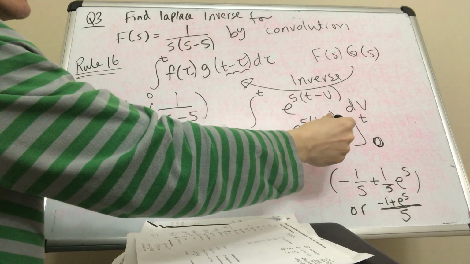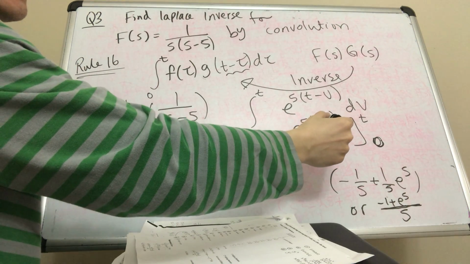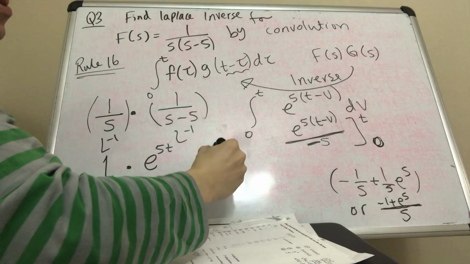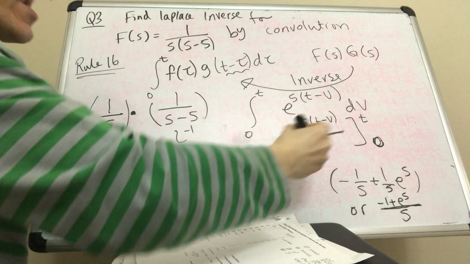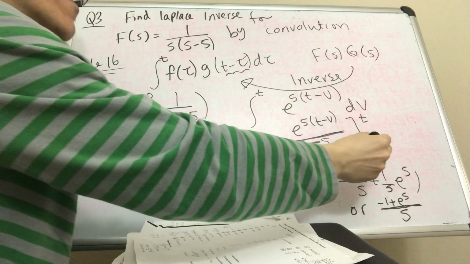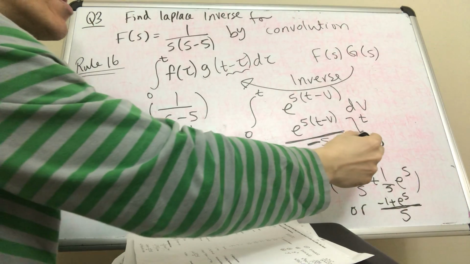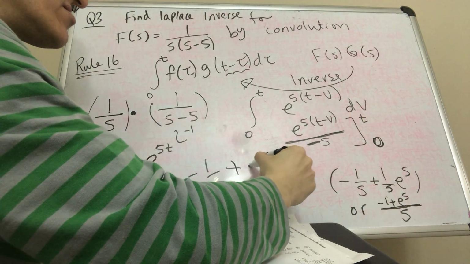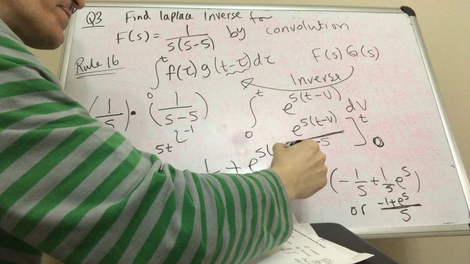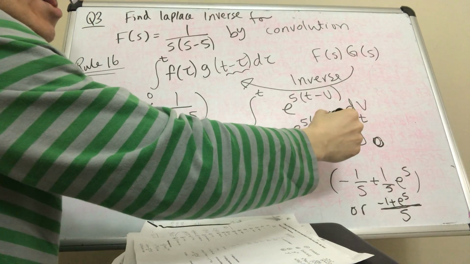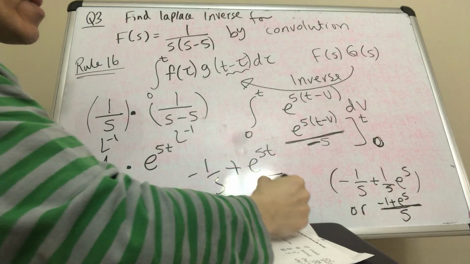If you plug in t, it will be e to the 0, which is 1, so you have negative 1 over 5. Minus, you plug in 0, but minus and minus turns into plus. You plug in 0, it becomes e to the 5t over 5.